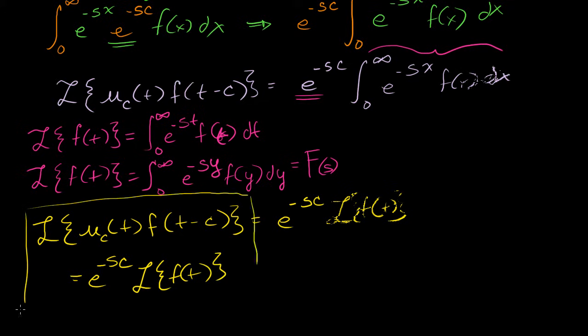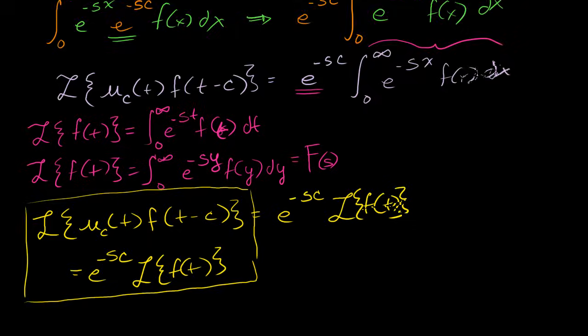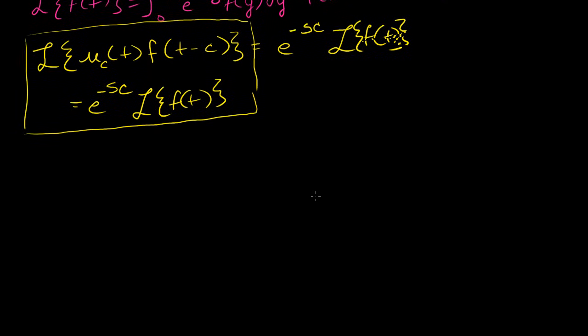So this is our result. Now, what does this mean? What can we do with this? Well, let's say we wanted to figure out the Laplace transform of the unit step function that starts up at pi, times something we know well, sine of t minus pi.